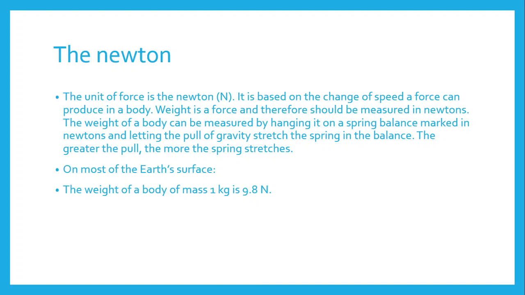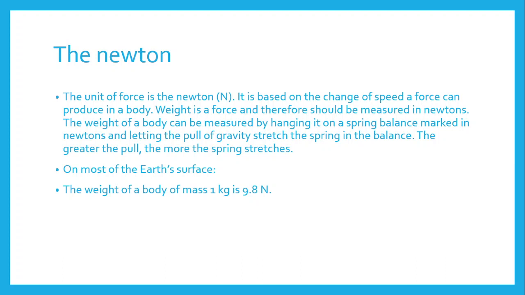Now, if you think about the base units of Newton, how it is formed, it is that F is equal to ma, force is equal to mass times acceleration. So Newton, which is the unit of force, is equal to kilograms meters per second squared.